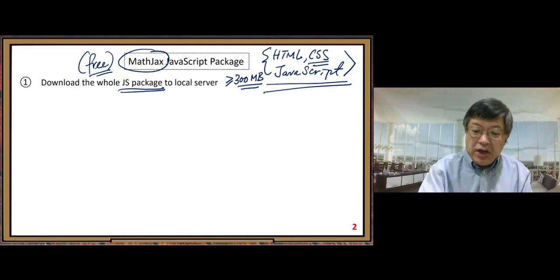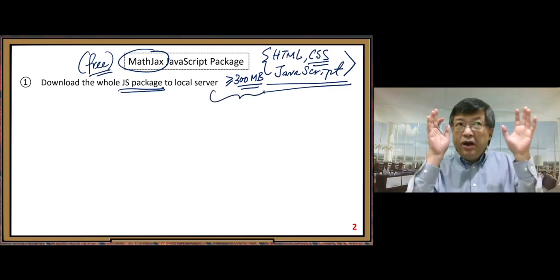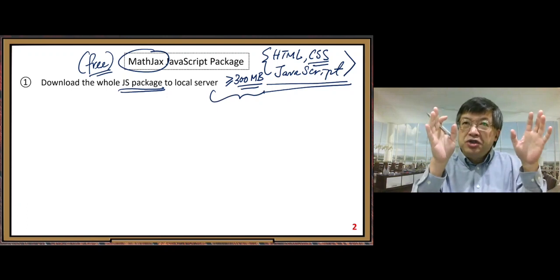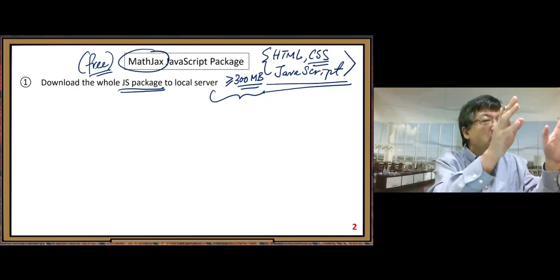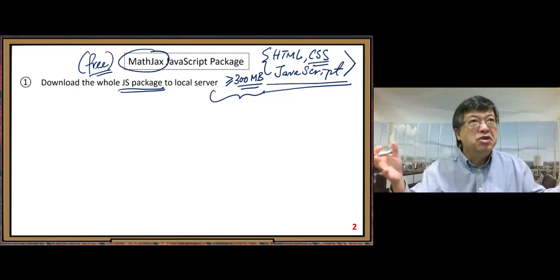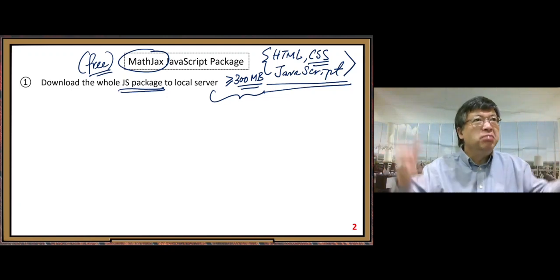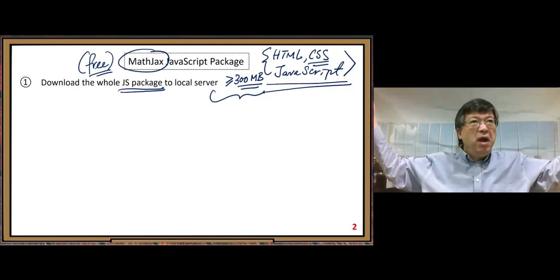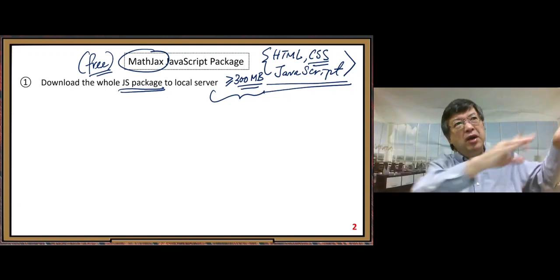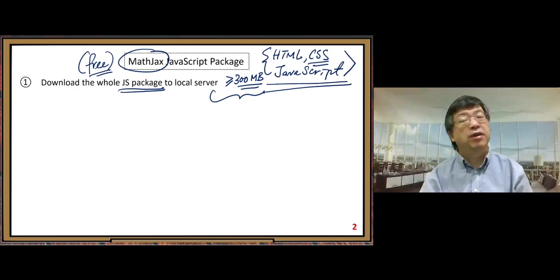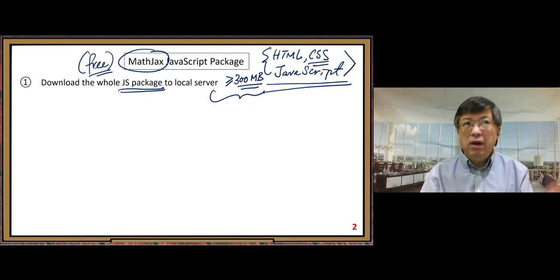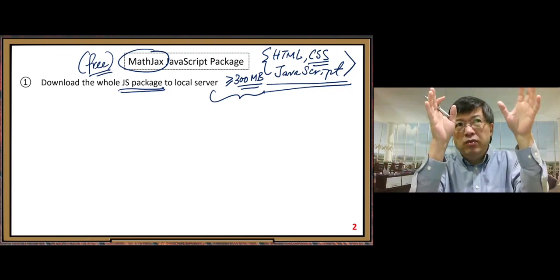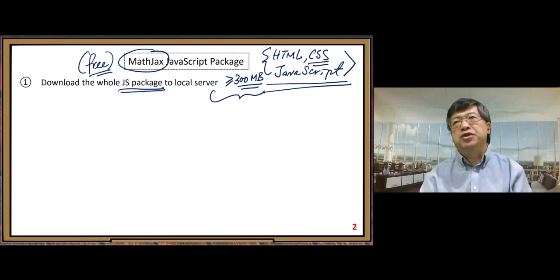If in our web applications everywhere we use this package and need to download it, you can imagine your web application could be big. It's not easy to copy here and there, to different places. Although you can upload it to your server, it's still not quite convenient. Anyway, this is one of the options you can use.